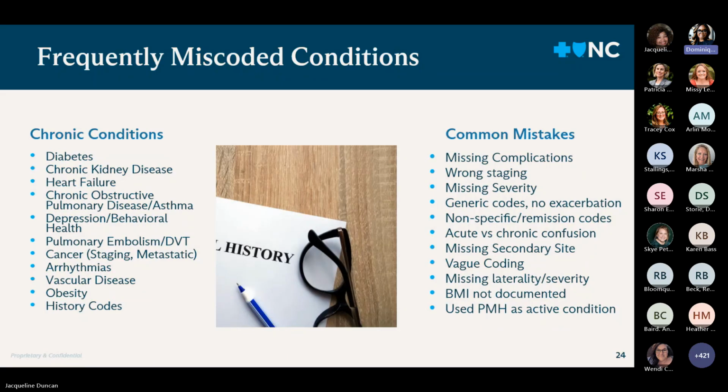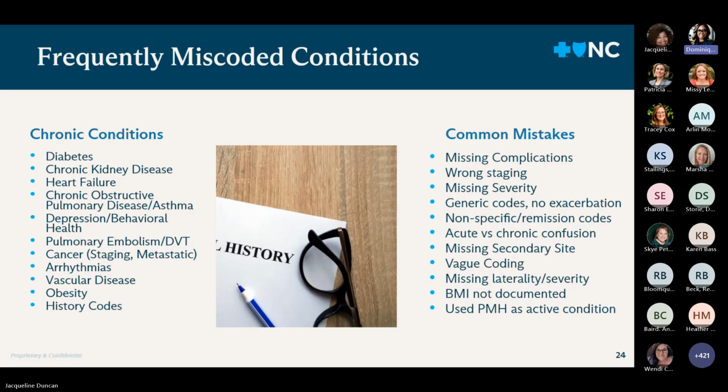High impact conditions such as diabetes, chronic kidney disease, heart failure, COPD, and asthma, behavioral health disorders, pulmonary embolism and DVT, cancer staging and metastases, arrhythmias, vascular disease, obesity, and history codes are common sources of error.